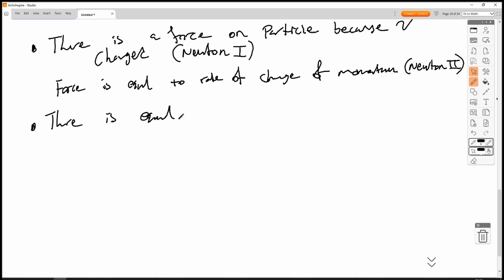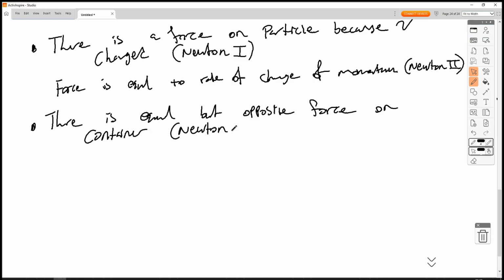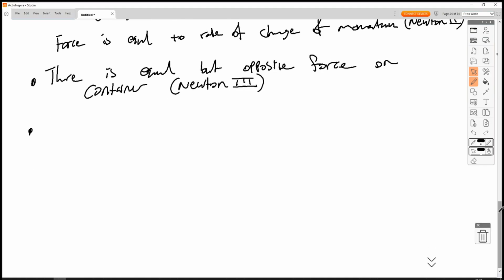So there is equal but opposite force on the container. That comes from Newton 3. And then pressure is force over area, so force per unit area.